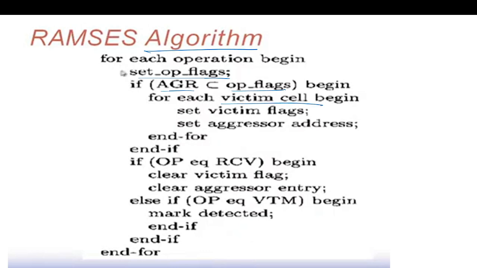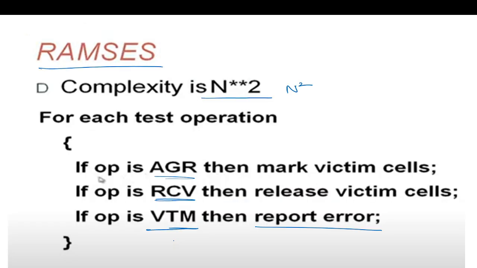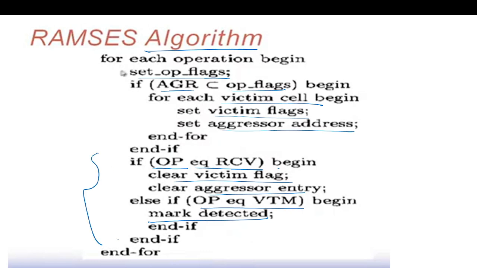For each victim cell, we set the victim cell aggressor address. If the OP is equal to RC, we recover and clear the victim and aggressor. If it is a victim, then we mark detected. It's the same thing which we have given here, written in this algorithm.